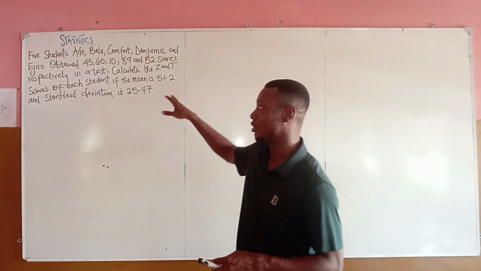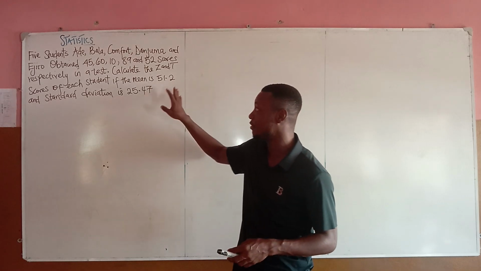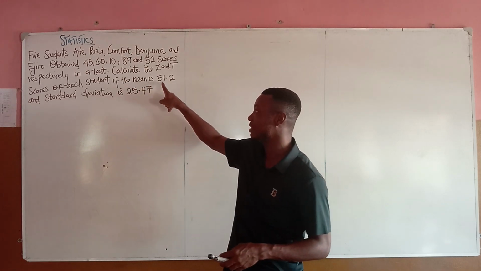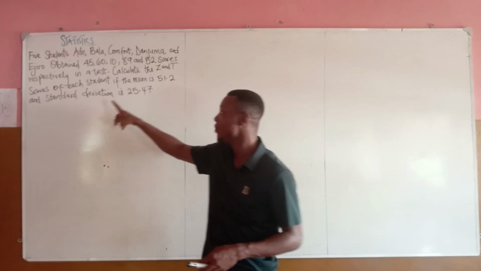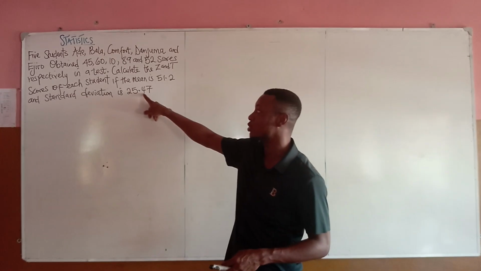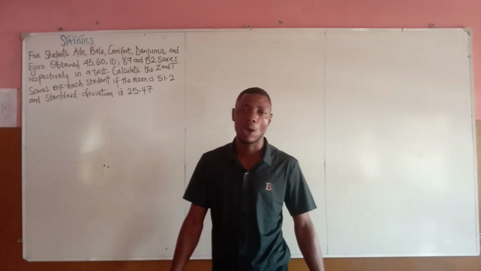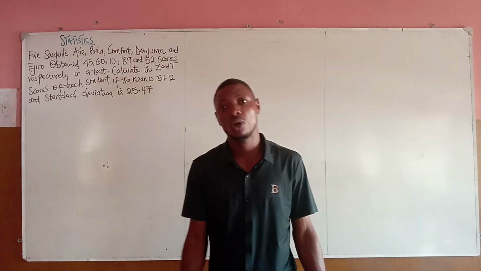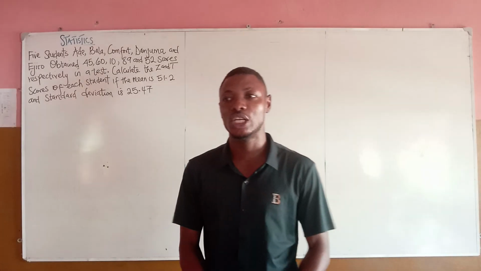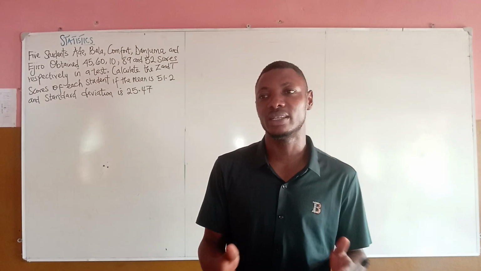Now, in this first question that is given to us, our mean is given, which is 51.2, and our standard deviation is also given as 25.47. So we don't need to find our mean and standard deviation. We just need to proceed to the calculation of the z-score and the t-score.